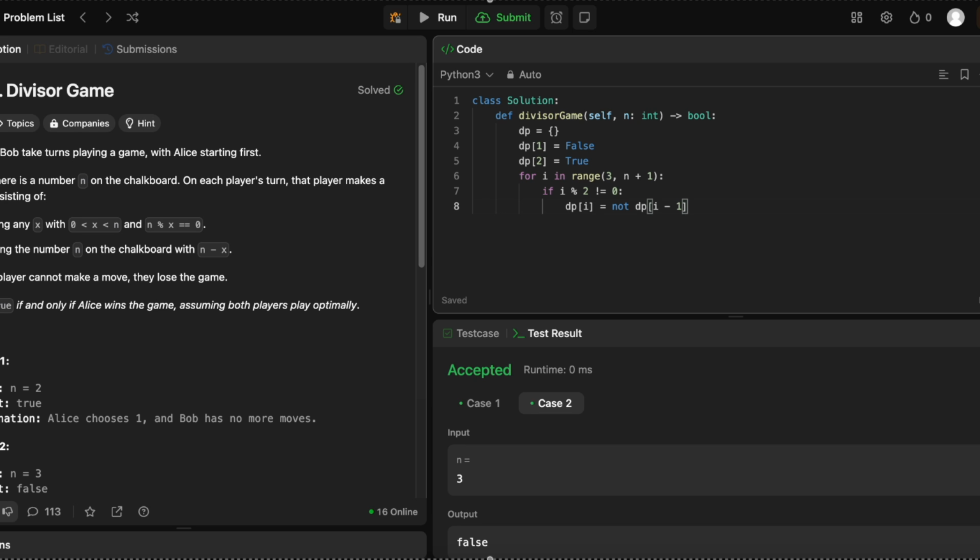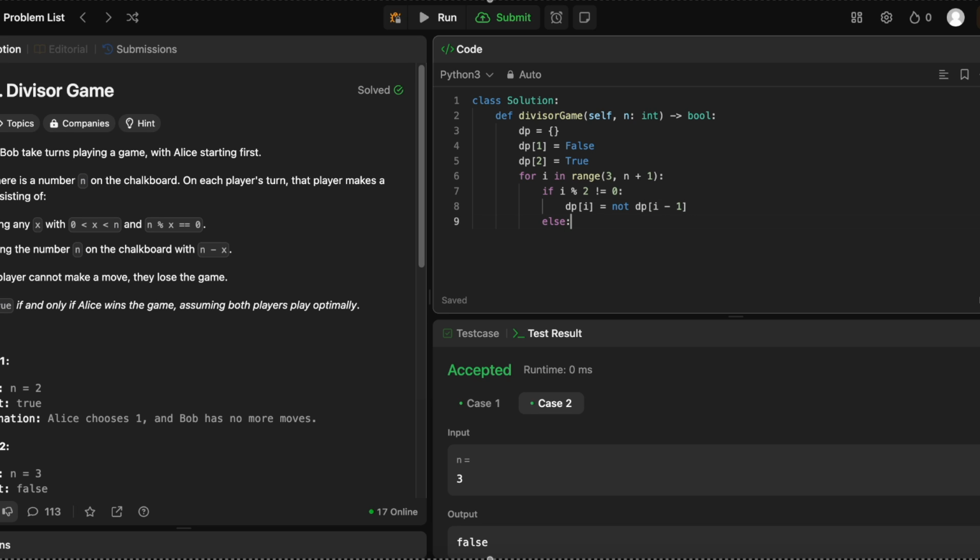DP recursively builds solutions. So i minus 3 has already been predetermined, and i minus 3 affects i minus 2, which affects i minus 1. Therefore, we only need to consider i minus 1 to know what the correct result should be, because each subsequent solution is dependent on the previous one. So we just need i minus 1 and nothing else.